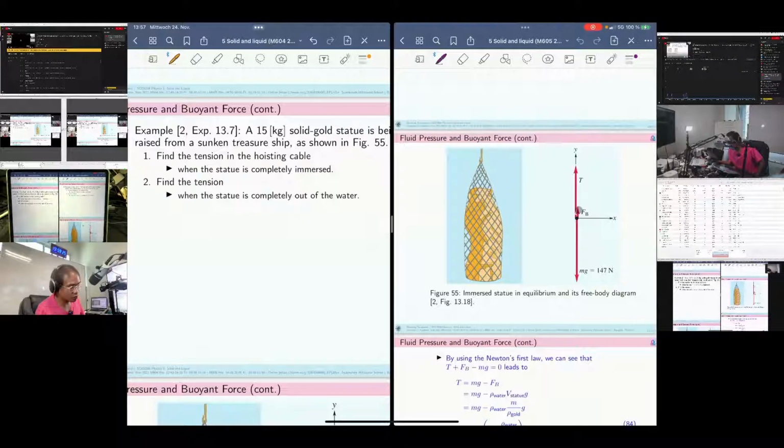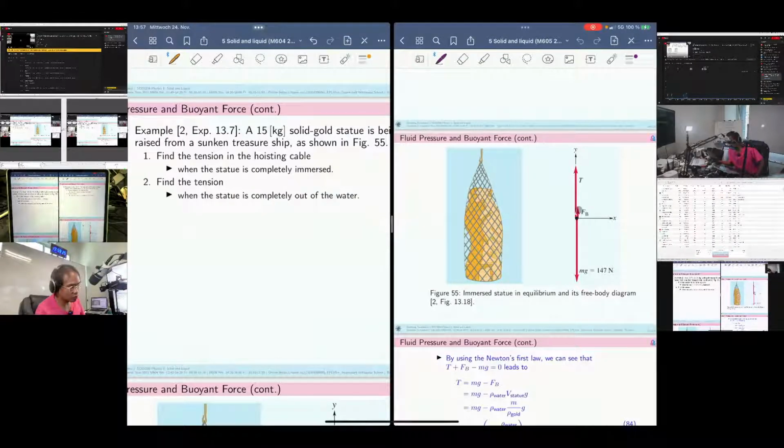The solid gold statue is being lifted from a sunken treasure ship as shown in figure 5. Find the tension in the hoisting cable. This is the cable from the hoist. They have the hydraulic lifting arm, and that's the hoist.